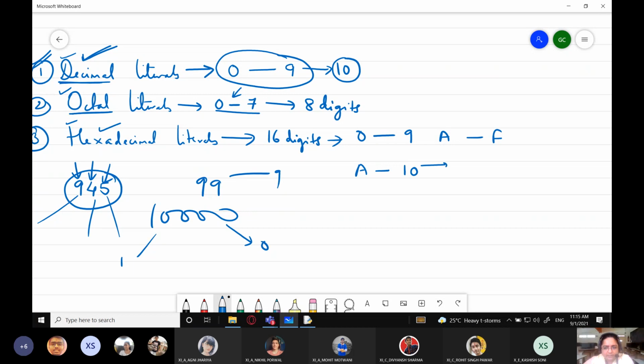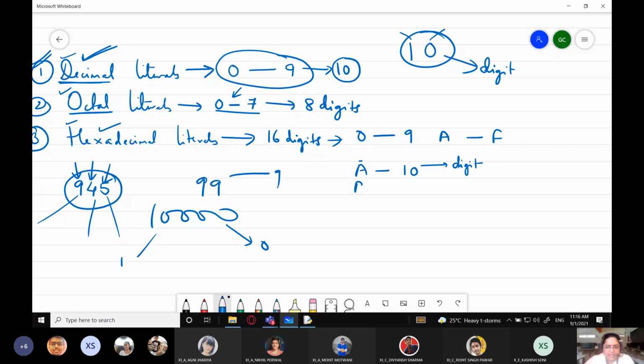Here 10 is being represented as a digit, not as a number. A number means 1 is a digit, 0 is a digit. But here we are considering this whole thing as a digit. 10 is one digit. Your computer will get confused whether to use it as the number 10 or the digit 10, so we have assigned an alphabet A to this digit.